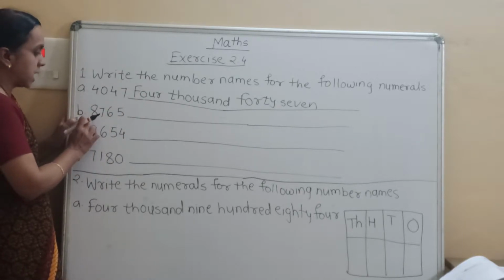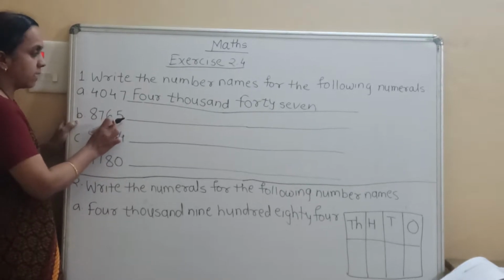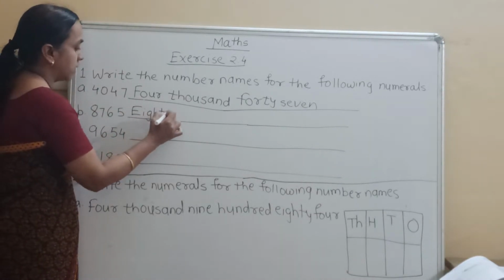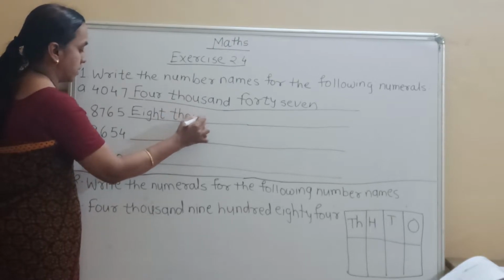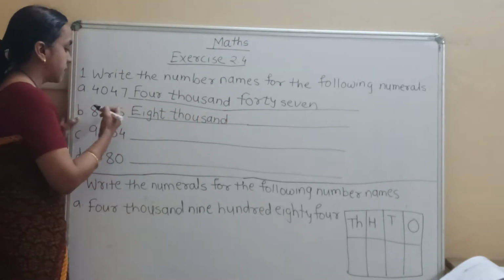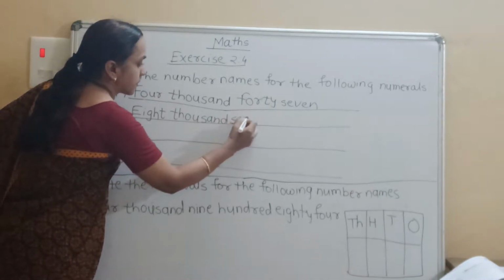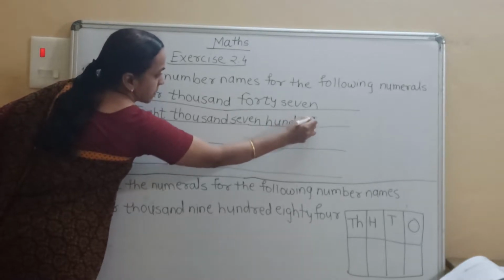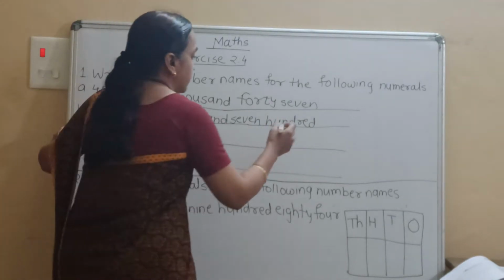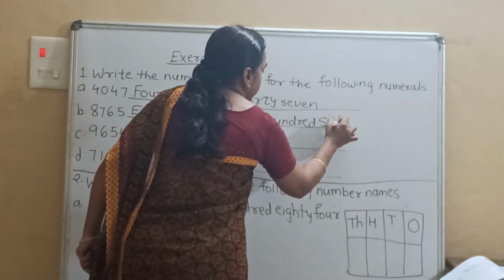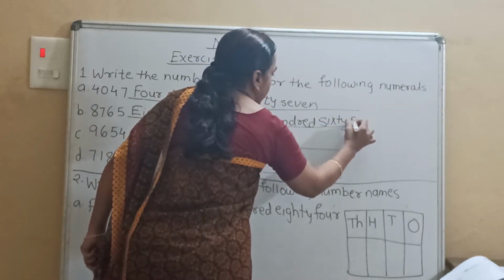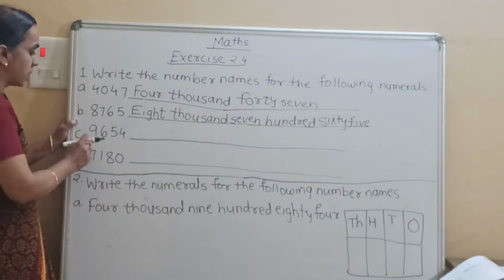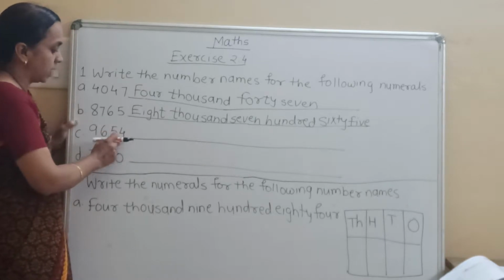Now see B question. 8765. So we have to write down like this. Okay, now see C question. 9654.